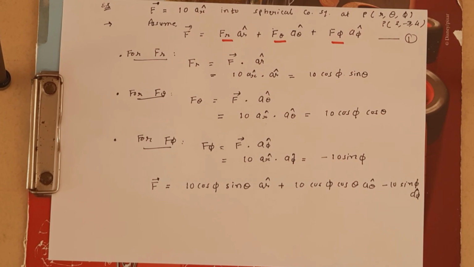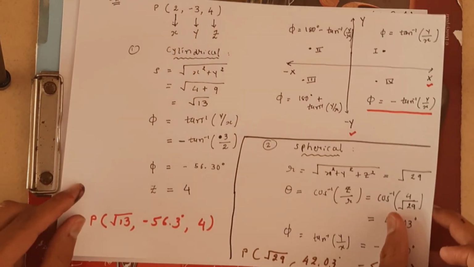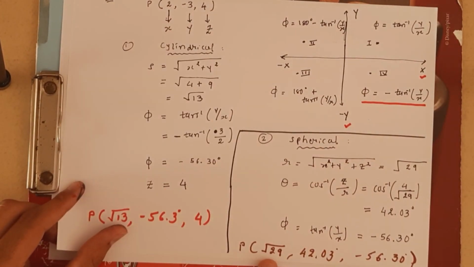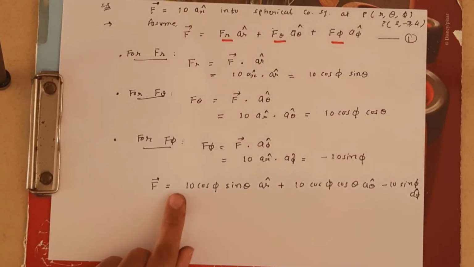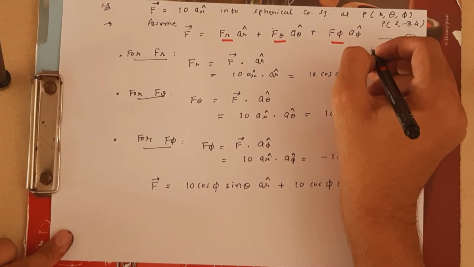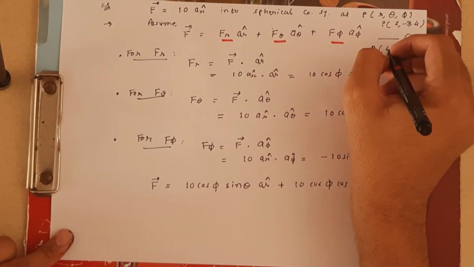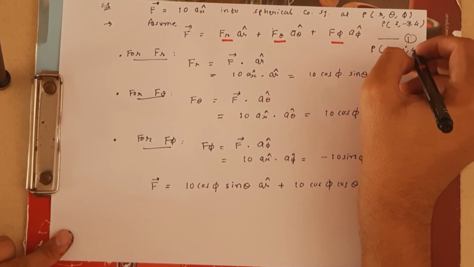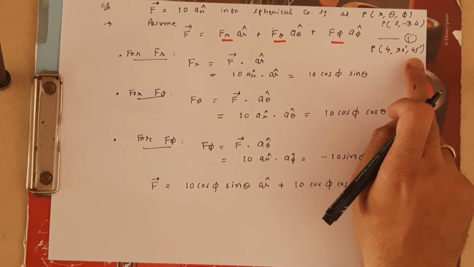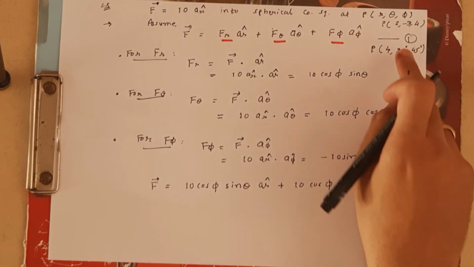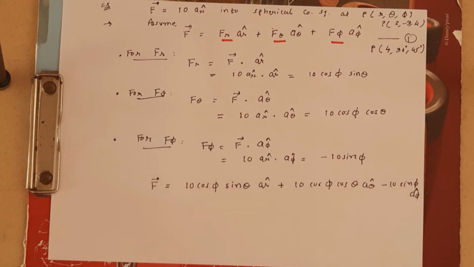You have to convert it into the spherical coordinate system, which we have already done. This gives the value of R, theta and phi. Then put the corresponding values of theta and phi into the final equation, and you can find the vector. Or the point is given in this way: point P is 4, 30 degrees and 45 degrees. That means the values of theta and phi are given directly, so no need to convert again. You have to directly put them here. Okay, so the example may be asked in many ways.